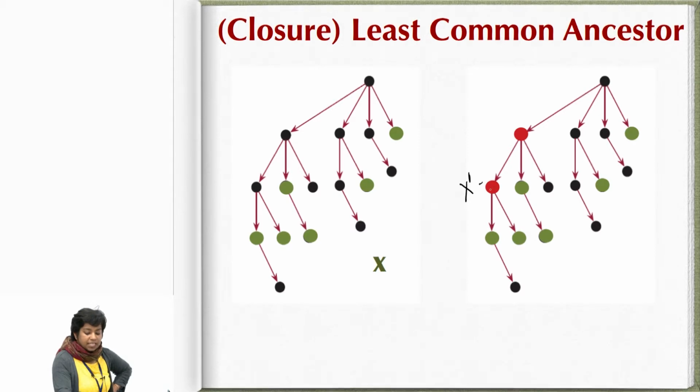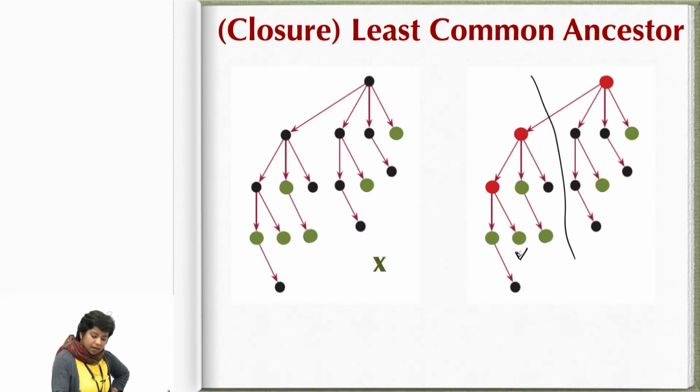Now between this vertex and this vertex, who is the common ancestor? This is the least common ancestor. This is also not part of the original set X, so I add this to X as well, okay? So now notice, I'm still in the subtree, let's imagine.